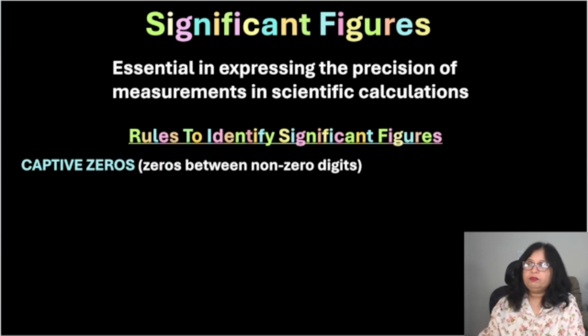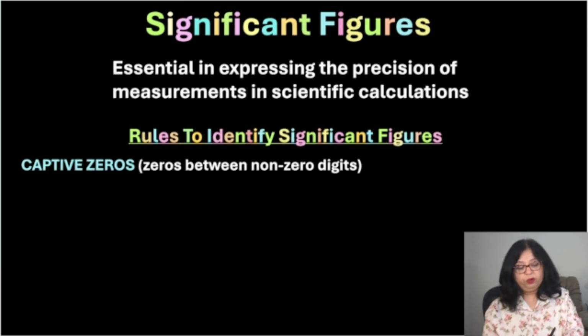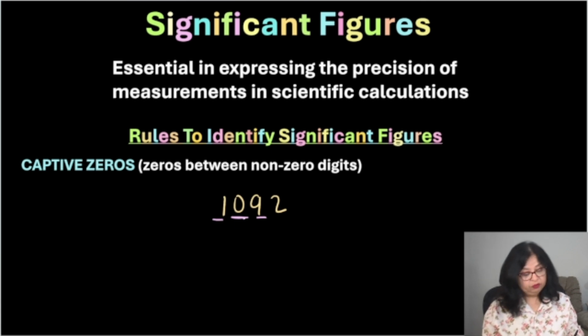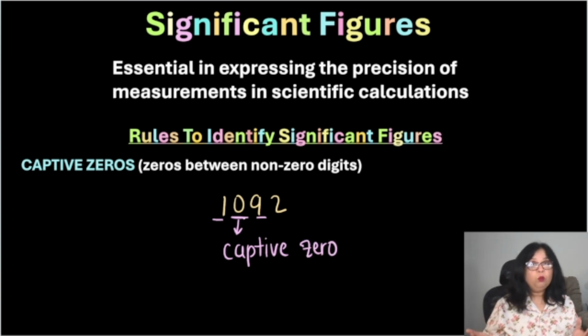So captive zeros, these are zeros between non-zero digits. For example, we said 1092. This 0 here is between 1 and 9, and 1 and 9 are non-zero digits. So this 0 here is called a captive 0. This is held captive between 1 and 9.